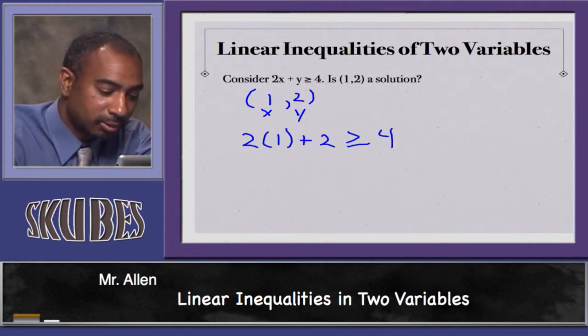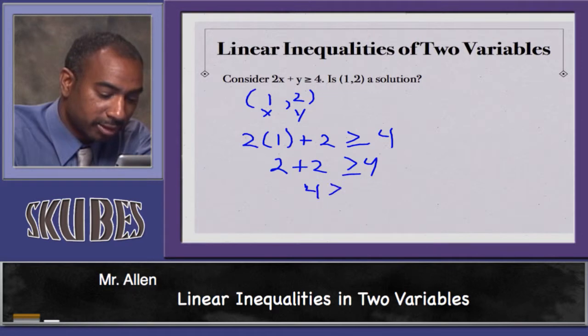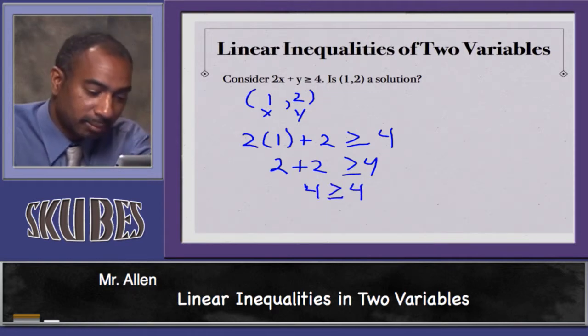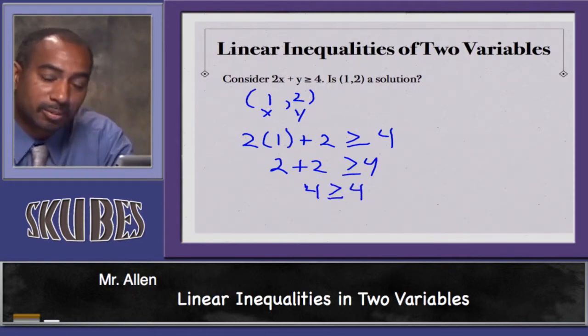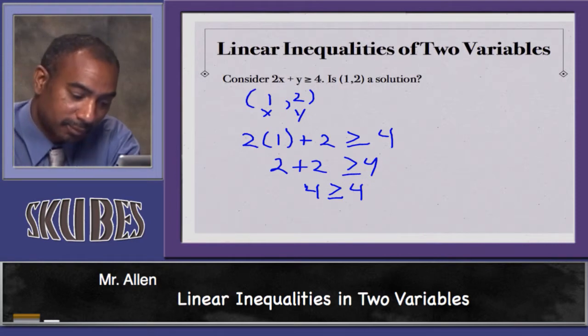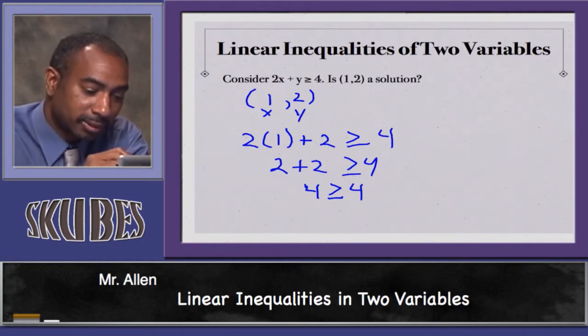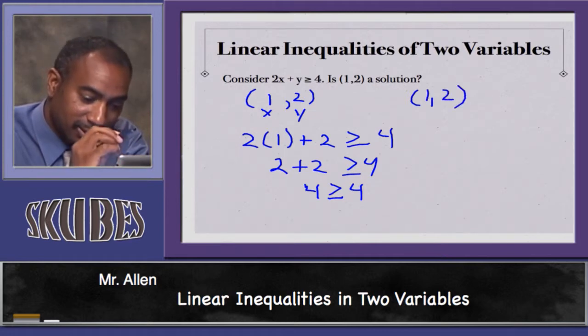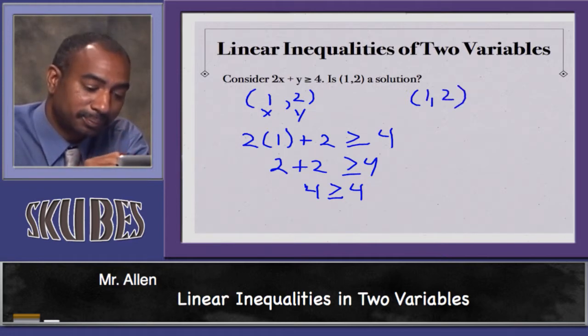We know 2 times 1 is 2. 2 plus 2 is 4. So we have 4 is greater than or equal to 4. Because it's or equal to, this makes it a true statement. So yes, this is a point that's on that line. That's a solution to this inequality, I mean. So it's a solution.